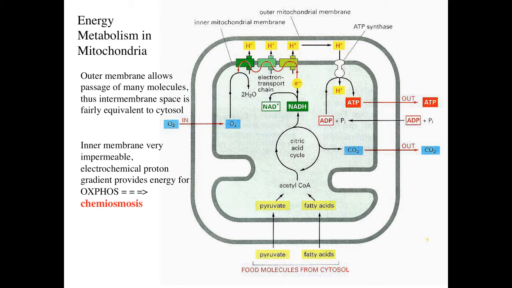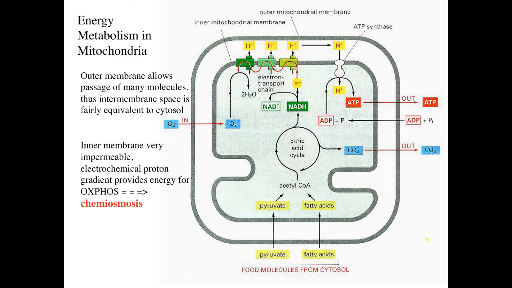You should remember the outer mitochondrial membrane is fairly permeable to most molecules, so it generally allows free passage of material into or across it. So one can say that the cytosol and the space between the inner and outer membrane are very similar.